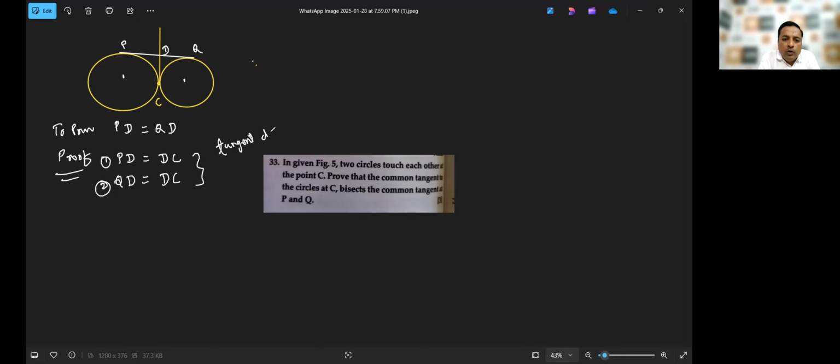Tangents drawn from exterior point to circle are equal. So if you observe carefully, first and second में DC, right hand side is same. So therefore PD is equal to QD from first and second. और hence proof हो गया, proof.